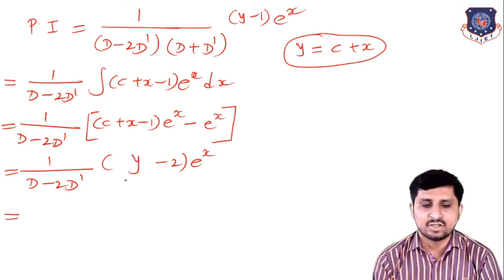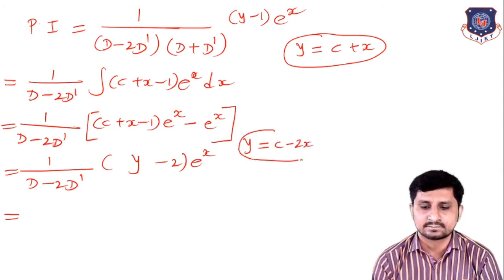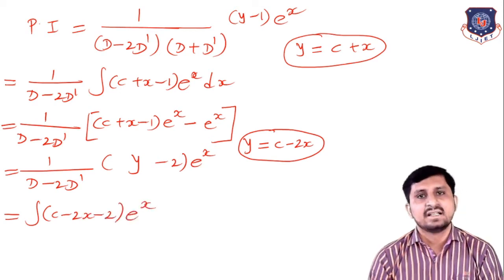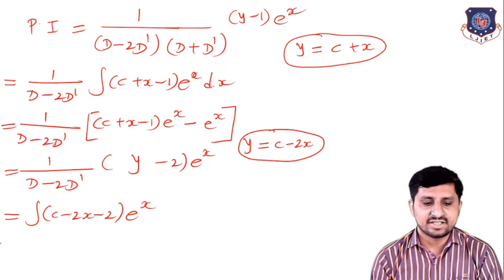Now once again operate with D - 2D'. For that, instead of y we have to write c - 2x. So the integration of (c - 2x - 2)e^x, and now once again integration by parts.